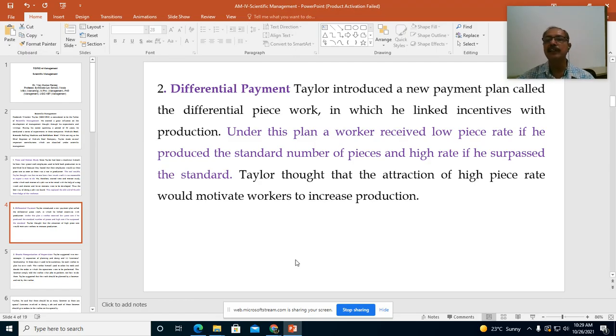Based on that, a standard number of pieces was devised, and differential payment was made: a low piece rate if the worker produced the standard number of pieces, and a high rate if he surpassed the standard. So Taylor thought that the attraction of a high piece rate would motivate workers to increase production. That means if they surpass the standard, they are going to get more payment.